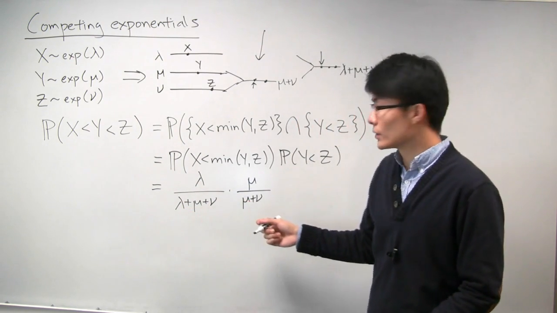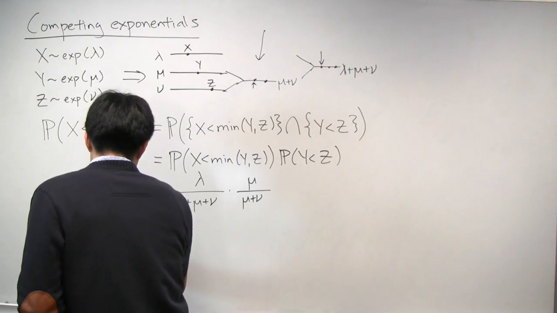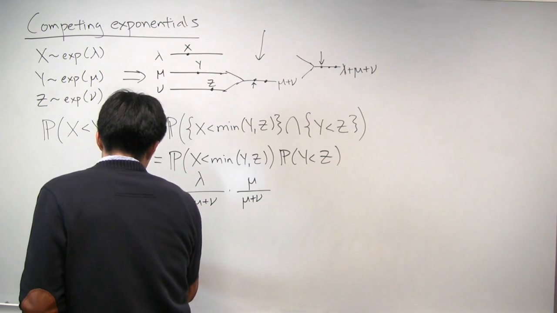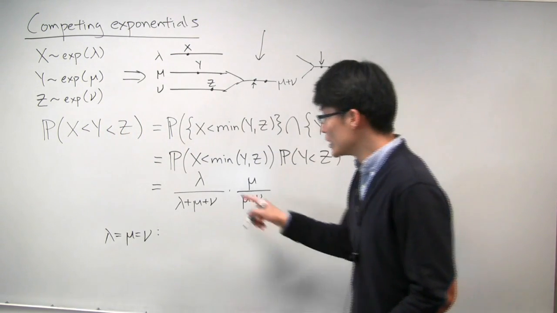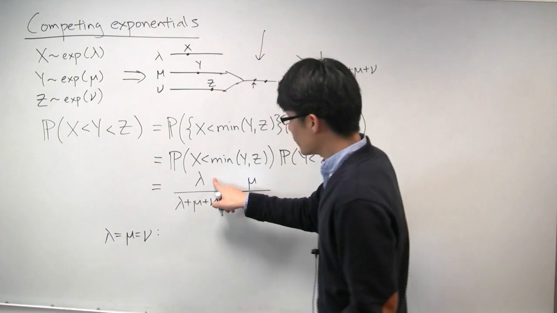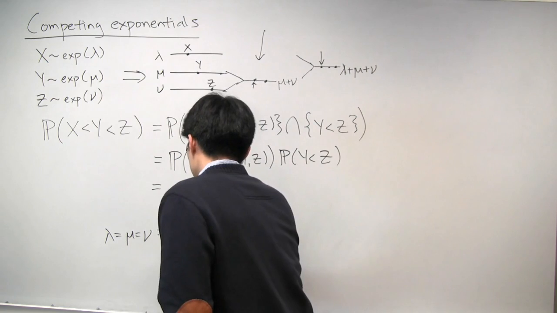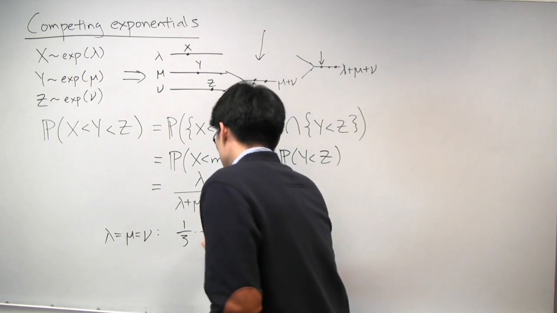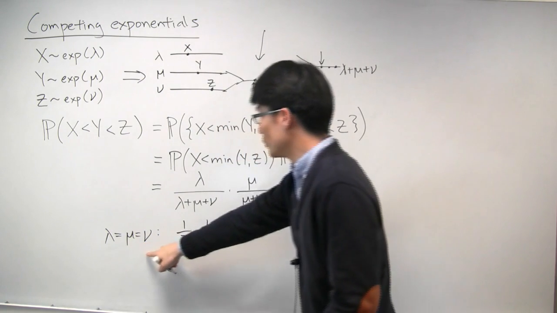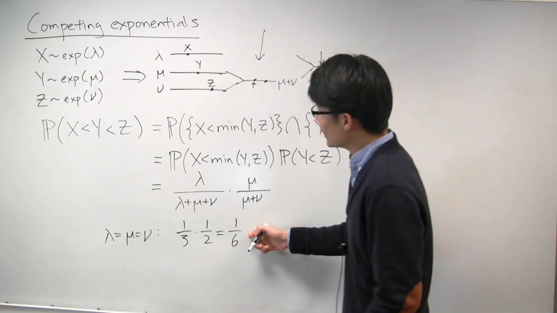Suppose all three parameters are the same. Then the first part becomes 1/3 and the second one is 1/2, so the probability becomes 1/6. Let's see if that makes sense.